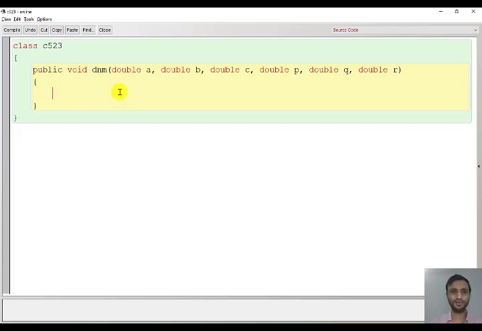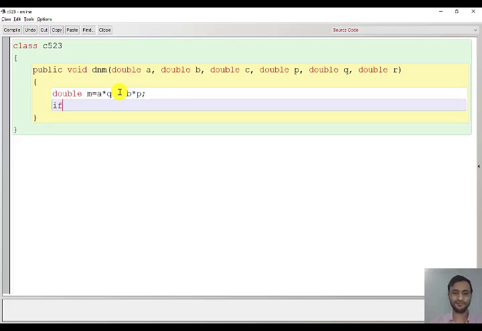So first we have to calculate AQ minus BP. Let us take a variable m. m equals A into Q minus B into P. Now we will check if m is 0.